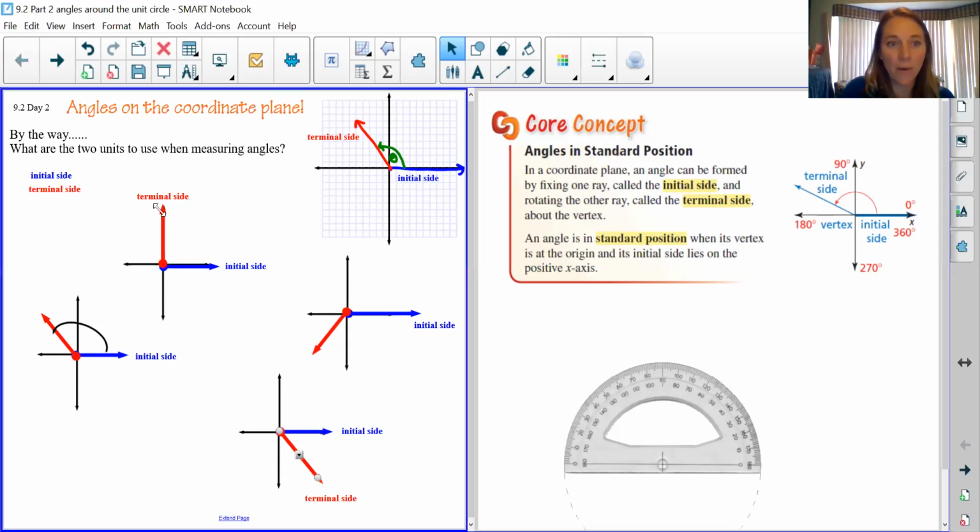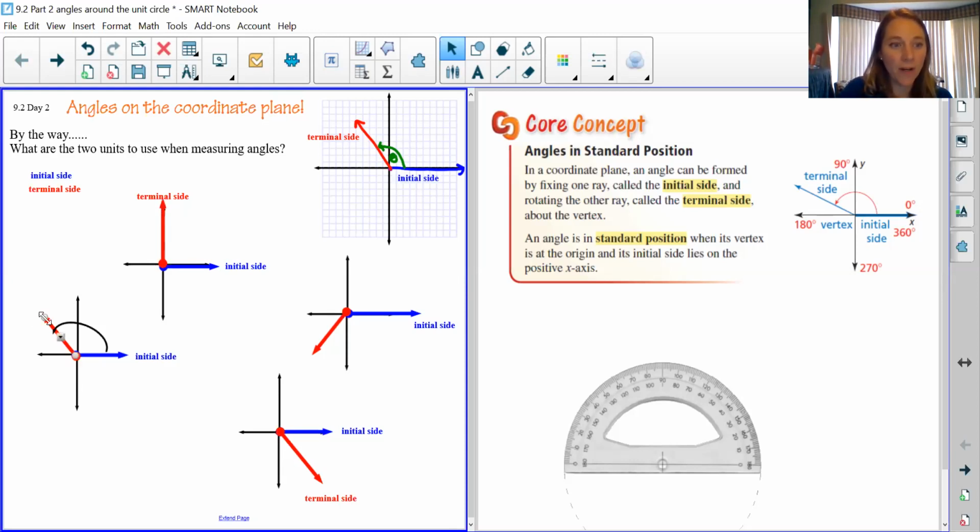I'm going to show a couple here where we take this initial side and it can rotate in what we call the first quadrant, where our x's are positive and our y's are positive. You can see I'm hitting lots of different angles as I move it and rotate it. I could stop it here, and now I've made a 90-degree angle. I could take another one.